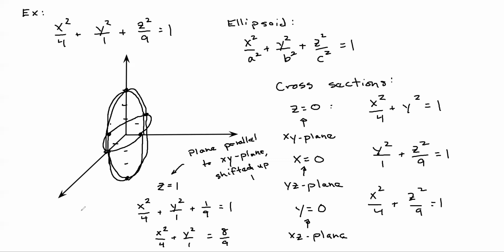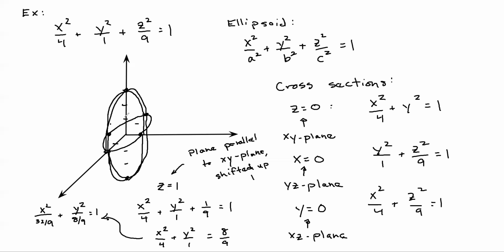So if we divide by 8/9, this will end up turning into x squared over 32/9 plus y squared over 8/9 equals 1.